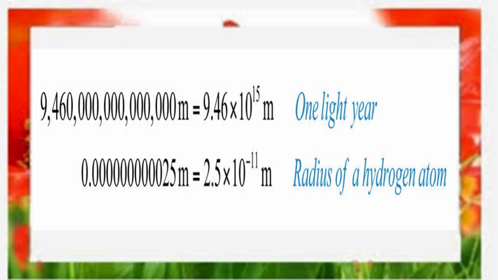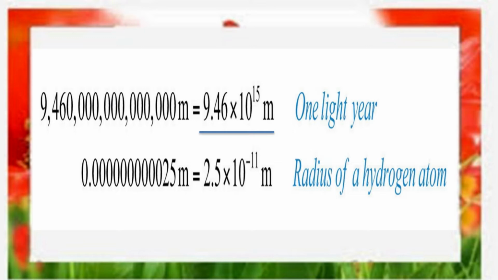So, this number can be written shortly as 9.46 into 10 power 15 meter, which saves the time and also space. It takes only short time to read this number and also easy to find.